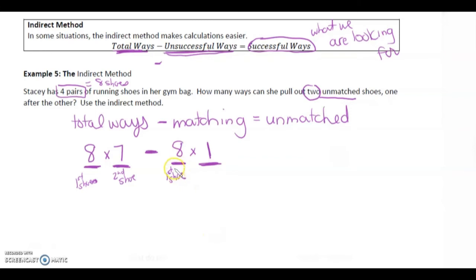So that would be the first shoe and then the second shoe. There are only 8 ways that you can pull out 2 shoes one at a time and get them matching. And that's going to equal our number of ways to pull unmatched.